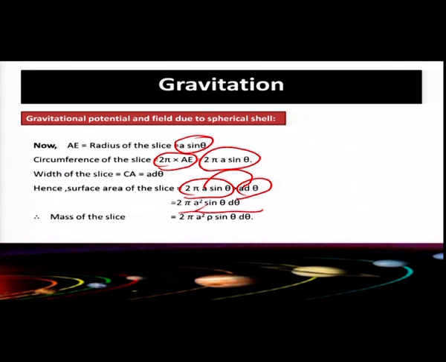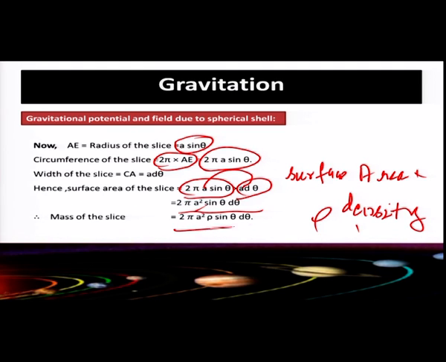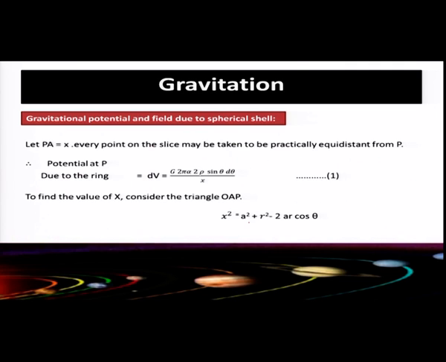The mass of the slice is the surface area of the slice into the density. If the density is rho, the mass of the slice is 2 pi A squared rho sin theta d theta.